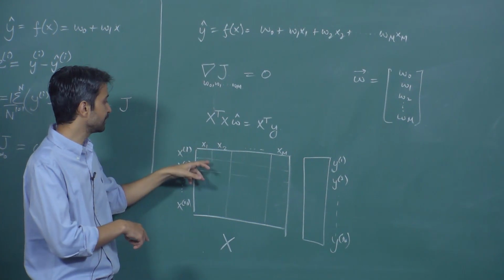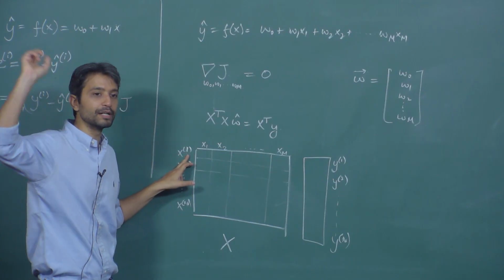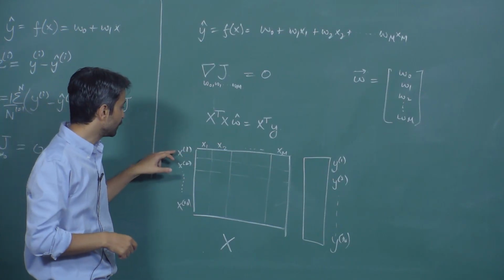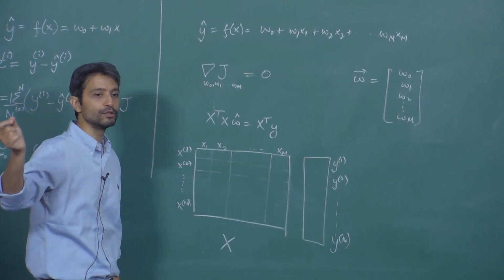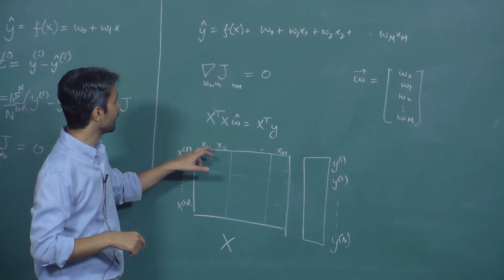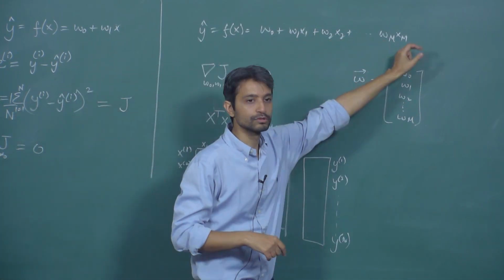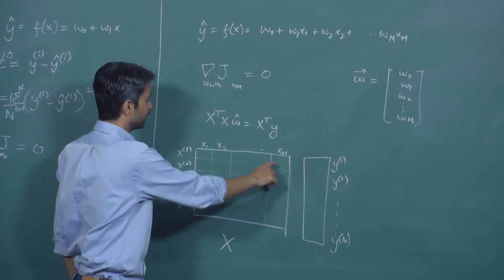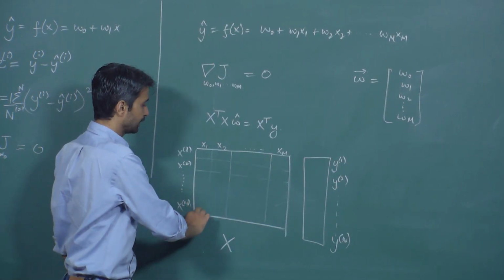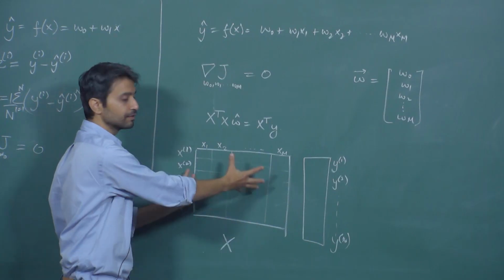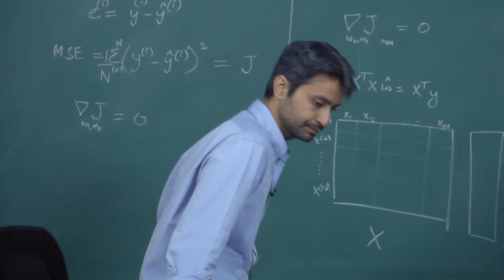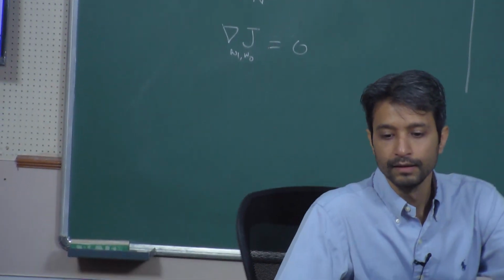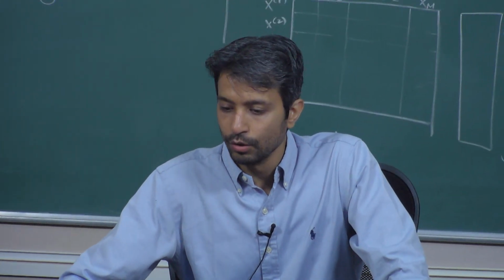But remember, I am talking about an example where the blue points are residing in an m-dimensional space. So for just one data point, I will have associated m values of X. So those m values are x1, x2 until xm. So this is my first data point, second blue point until n blue points, and this is how an X matrix looks like.